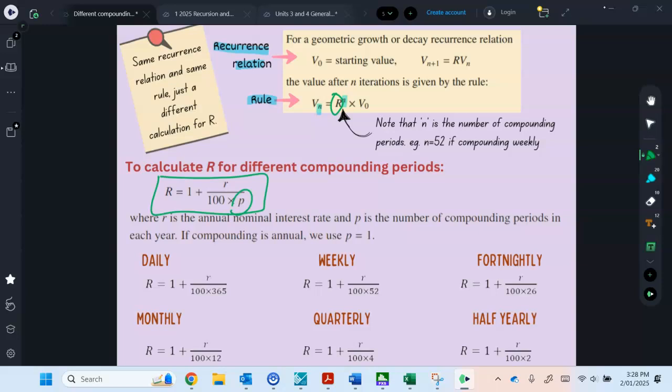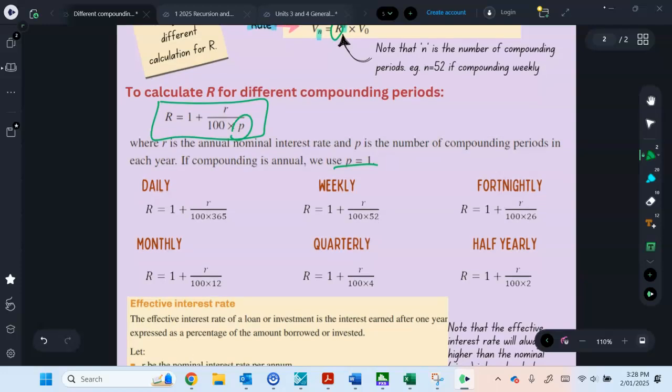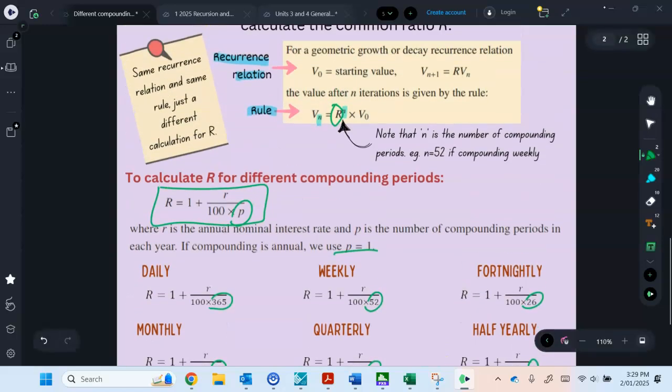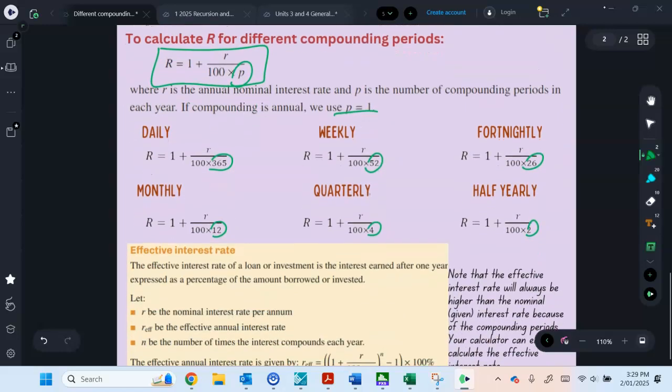All right, so if it's just yearly, p is equal to 1, so it's just r over 100 like we've done before, but I've got all the different common ratios here, so daily, weekly, fortnightly, half yearly, quarterly, monthly. So you can see just how many compounding periods there are. You're using the same recurrence relation and the same rule, it's just your r value that is changing.